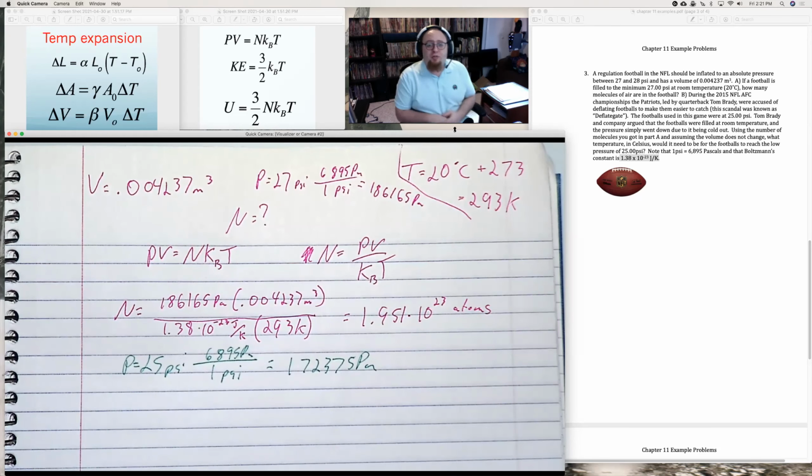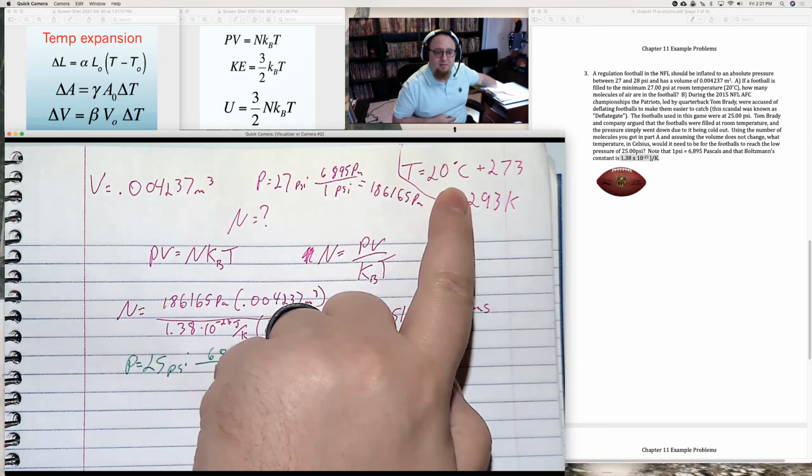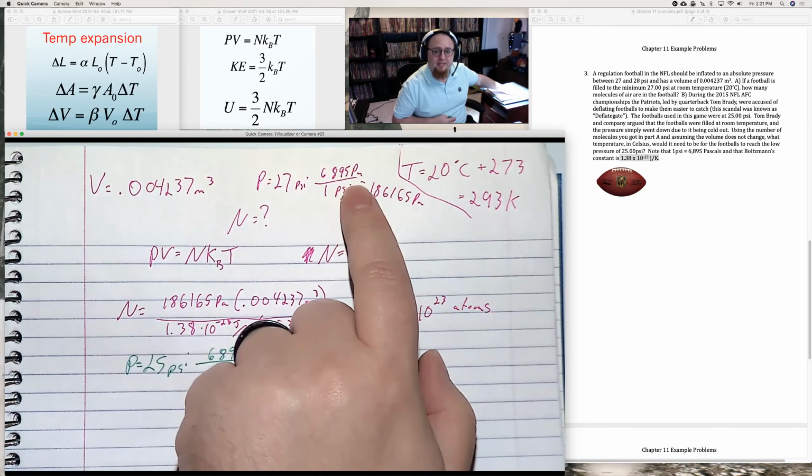Now, it was pretty cold that day. The Patriots claimed they didn't underinflate the balls. They filled them to exactly the minimum, 27 psi, in a warm room, at room temperature inside, 20 degrees Celsius.